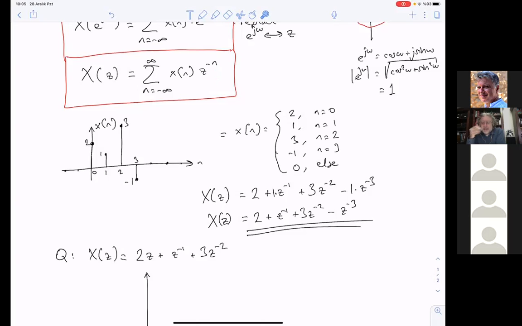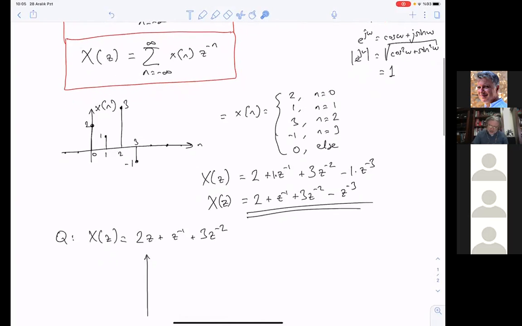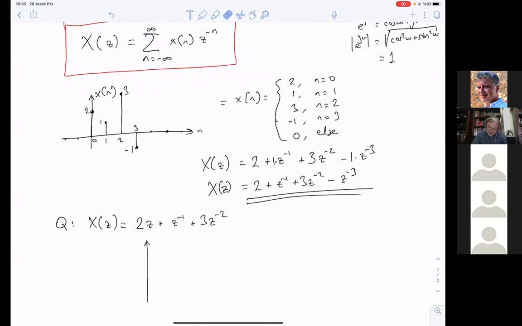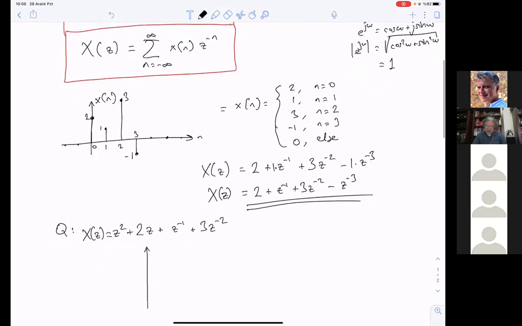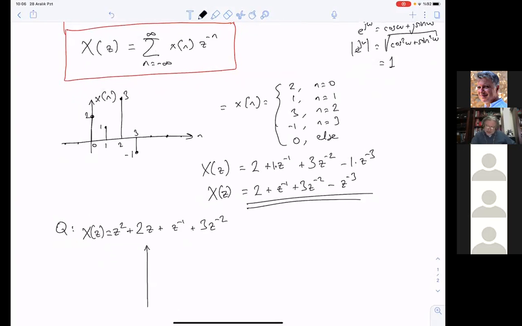If it is z square, maybe I should expand it a little bit further to make a more meaningful example. Plus z square, let me say. So this is x of z. So when you have z square, it means z to the minus n at n is equal to -2.